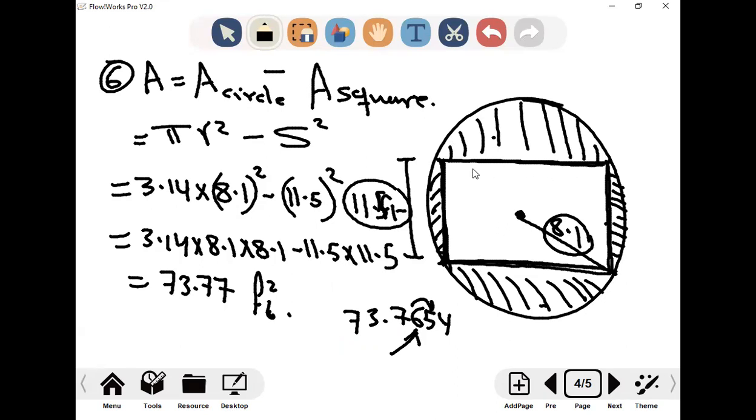It's a square, yeah, Mr. Square. What's the area of the square? And 11.5. This one for what? This has no relation with the square. Focus.